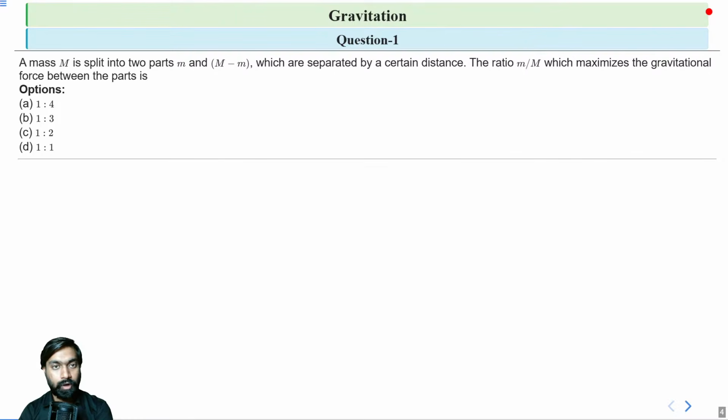Given options: option A 1:4, option B 1:3, option C 1:2, and option D 1:1. So which option is correct? Let's try to solve this question. The question says find the ratio of small m divided by capital M which maximizes the gravitational force between the parts. Please solve this question.